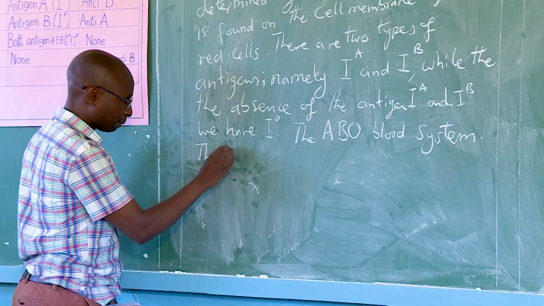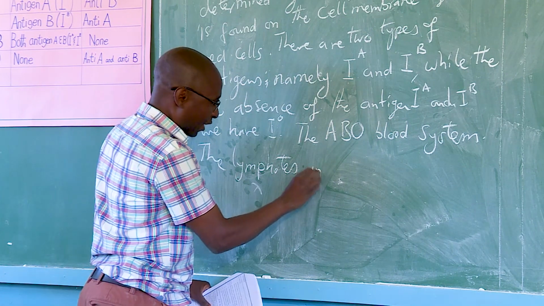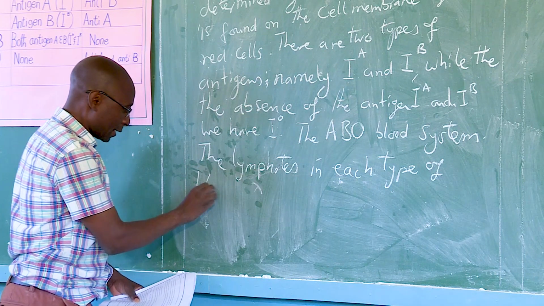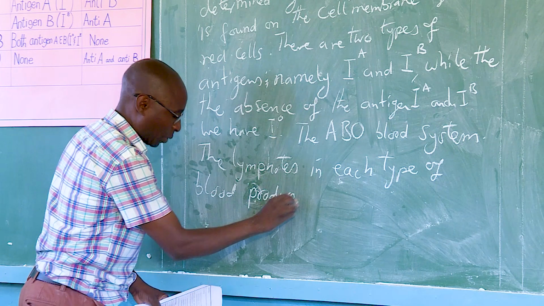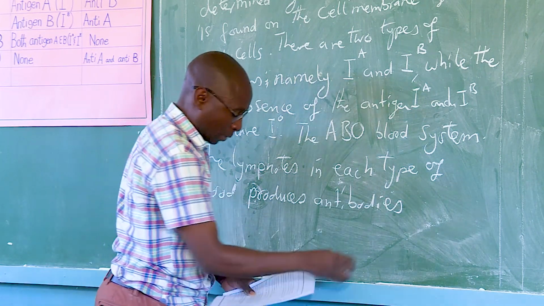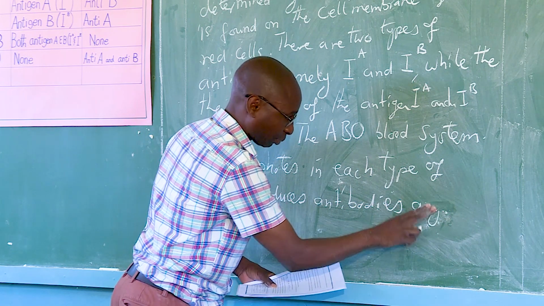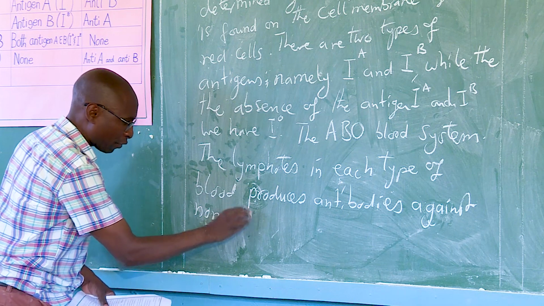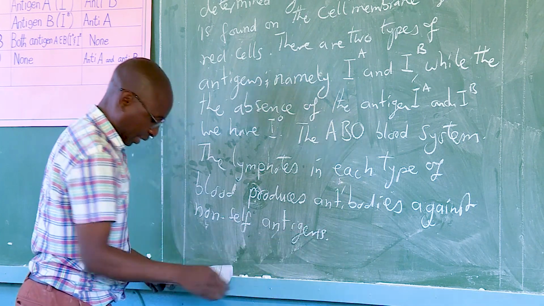The lymphocytes in each type of blood produce antibodies against self antigen. Okay?